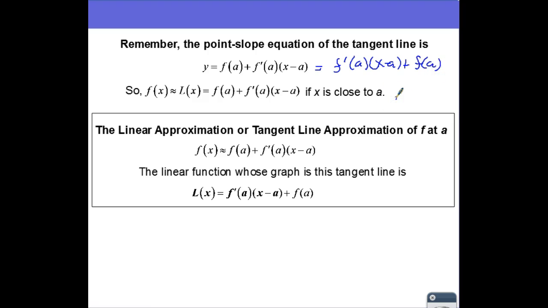Since f of x is approximately equal to this, because delta x is small, we can name this function L of x, and use that as an approximation for f of x. And that's where this equation comes from.